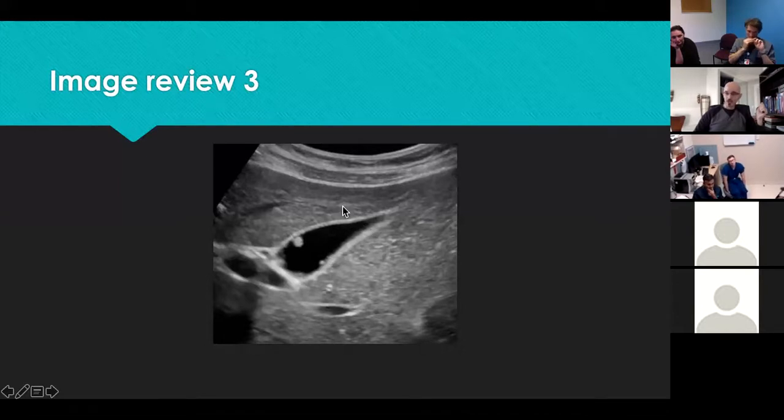To be 100% sure, I would go to the transverse view, get the patient to take a deep breath, to bring it a bit lower, and try to get a perpendicular view of that wall and measure it there. And that's another reason why we tend to measure the anterior wall and not the posterior wall.